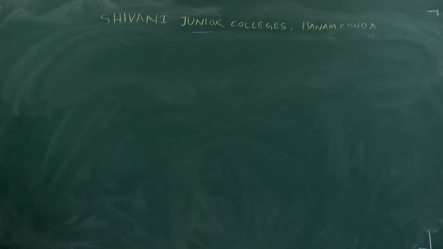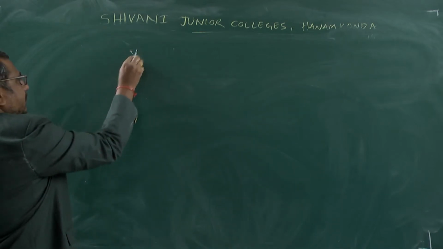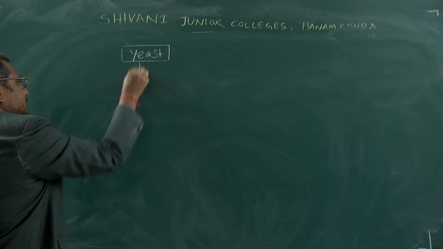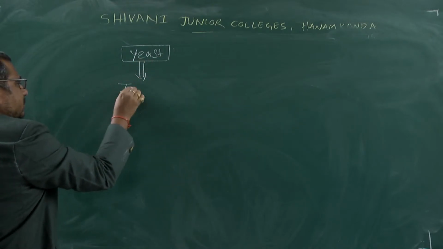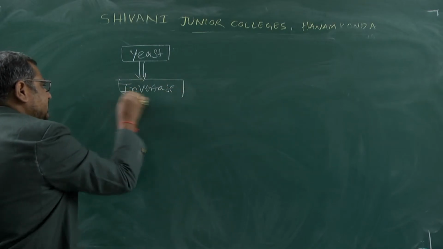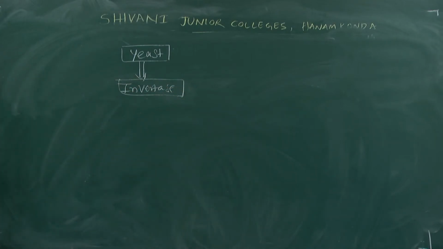Another one is the selective property of the enzymatic condition. For example, take the invertase enzyme; its source is yeast. The invertase enzyme's function is to convert sucrose to glucose and fructose.